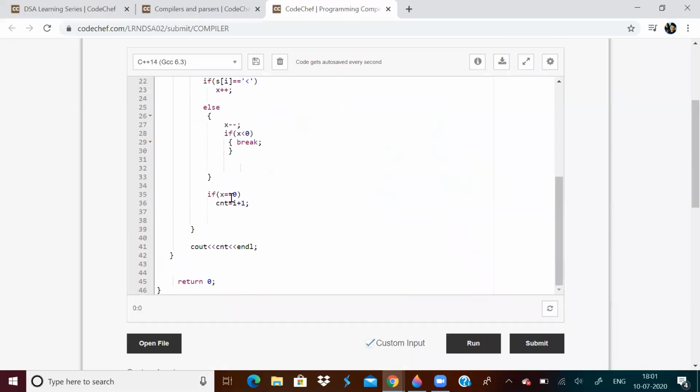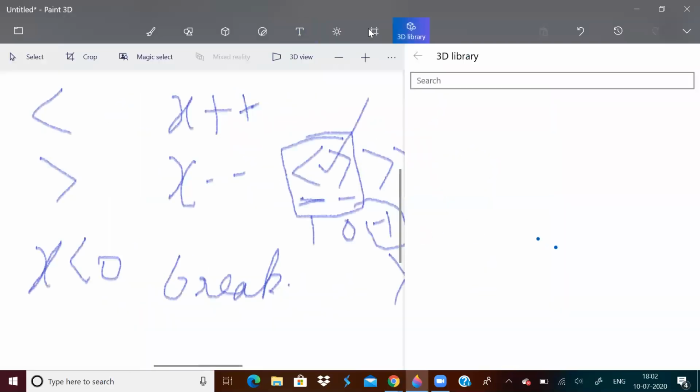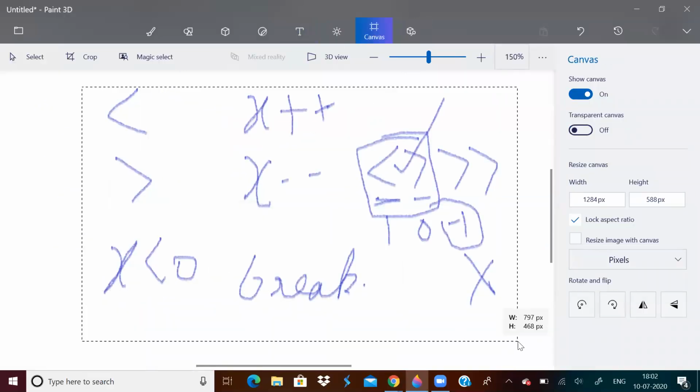And if x is equal to 0, we need to know when it became 0. For that, I have used a variable called count. Count is basically telling me when x becomes 0, because x can become 0 multiple times. For example, let us take this case.